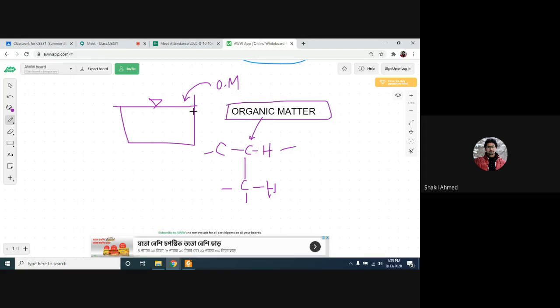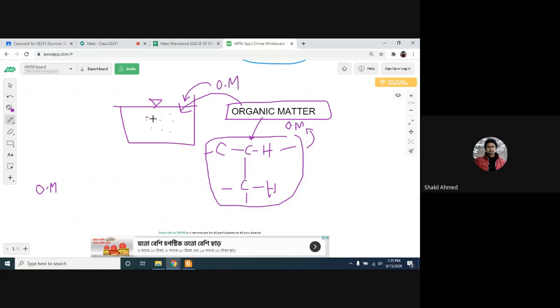Now, when you throw this in water, then what happens? Organic matter. Let's call it OM. Shortly call it organic matter. Now, when you put this organic matter in water, you have microorganisms here, right?